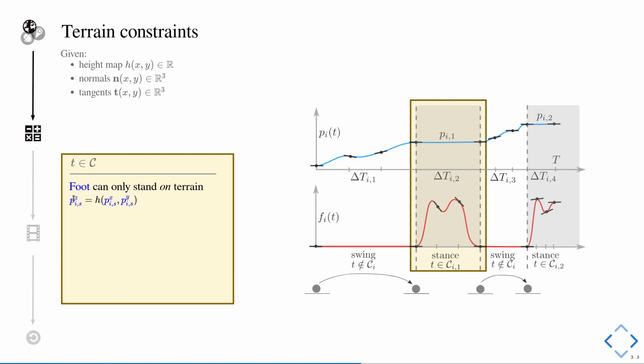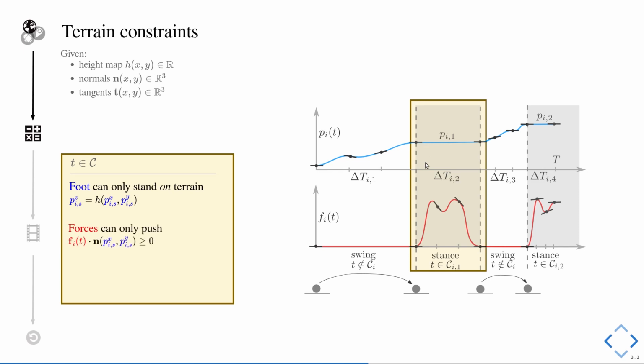So the foothold Z position has to be equivalent to the height at the optimized foothold XY position. So what this means is that if this now represents the Z position of a specific polynomial, this height here has to be according to the height of the terrain. So a foot cannot stand in the air.